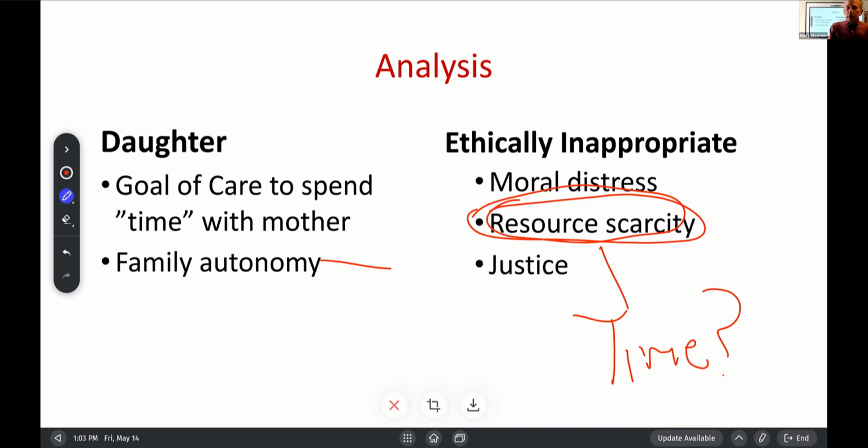As I said before, it's been a personal struggle for me to understand how you weigh a daughter's request for more time with the very real issues of resource scarcity, moral distress for the staff and caring for a patient we all know is going to die, and how we manage that type of discussions.